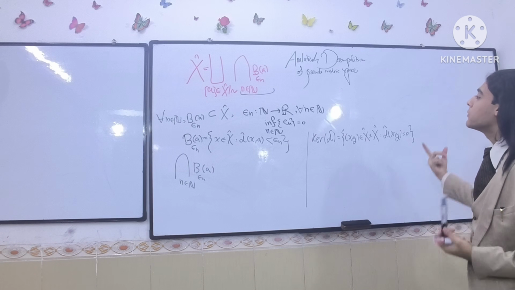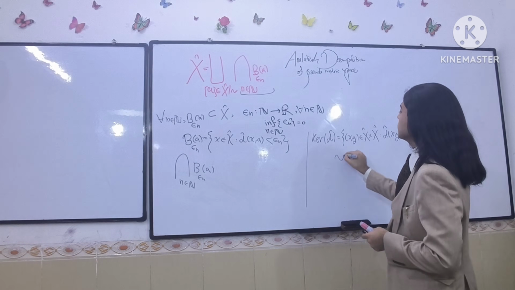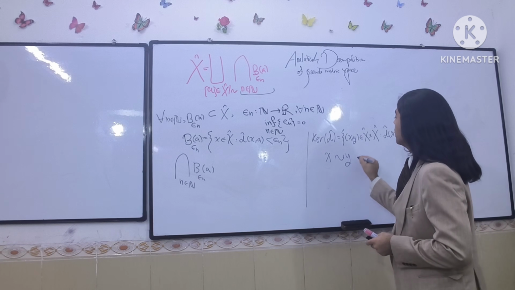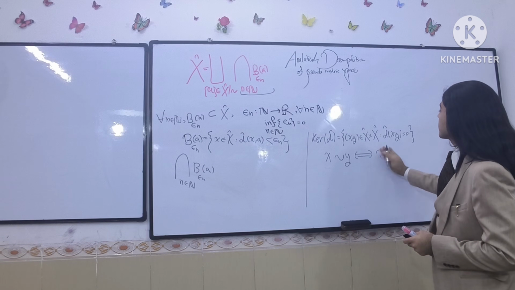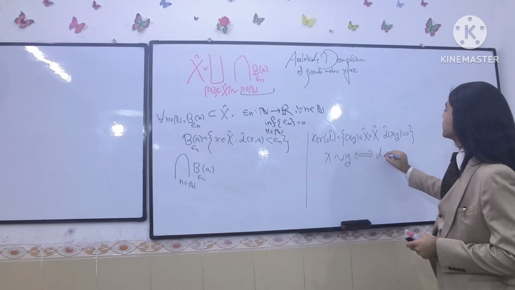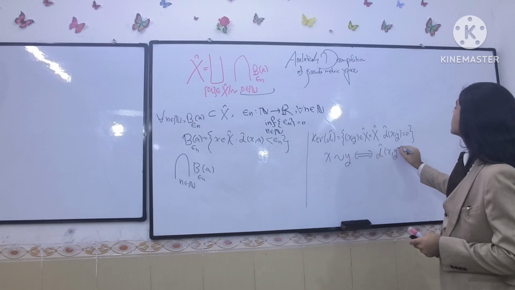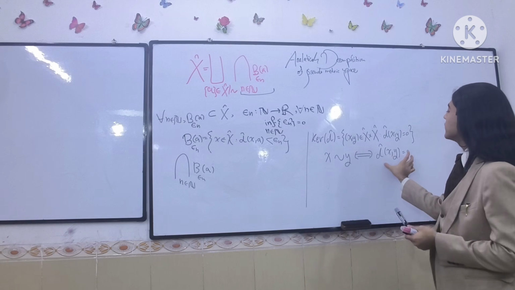I'm going to define an equivalence relation between x and y: x is equivalent to y if and only if d(x, y) is equal to 0. So this is the equivalence relation.